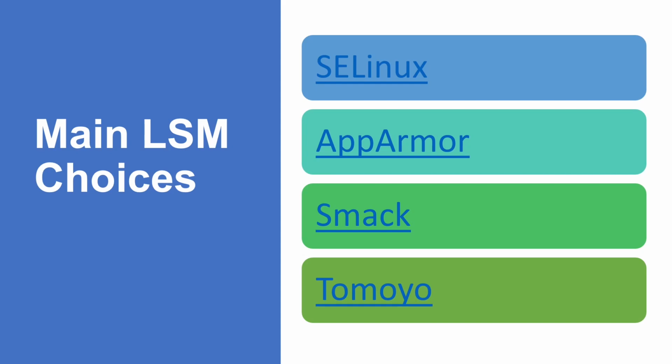As a result, the LSM approach was adopted, where alternative modules to SE Linux could be used as they were developed, and it was incorporated into the Linux kernel in 2003. The current LSM implementations are SE Linux, AppArmor, SMAC, and Tomoyo. LSMs are now considered as either major or minor when configuring their combination. We will concentrate primarily on SE Linux and secondarily on AppArmor, in order of usage volume.